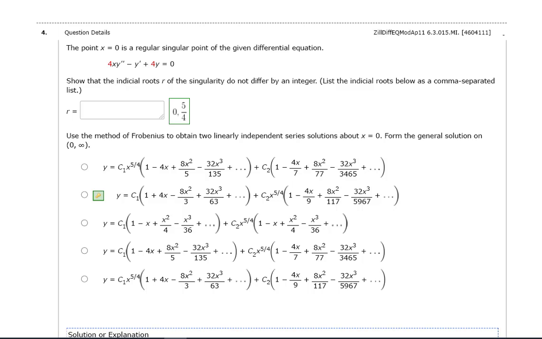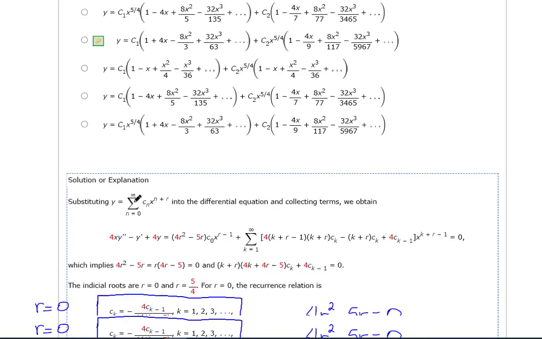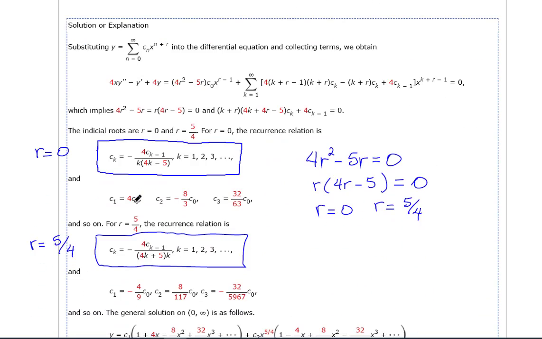All right, in question 4. So we're given a differential equation. All right, so we would take this, we would divide to put it into standard form, find our values of r, and then get the two series solutions. So they outline this pretty well for us in the solution.